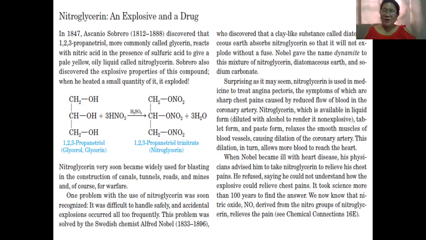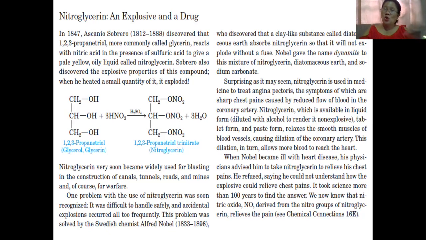It was found out that this nitric oxide, derived from the nitro group of nitroglycerin, relieves now chest pain. So that is the beauty of these chemicals. Na? And that is coming from the hydroxyl group, the OH group.